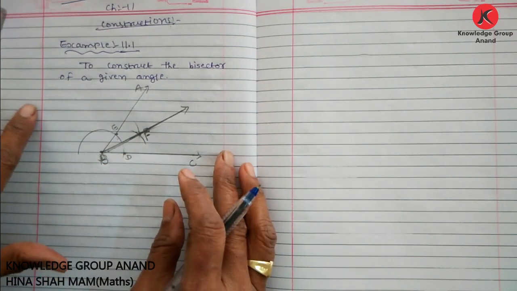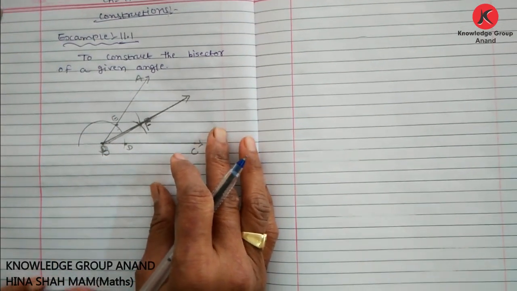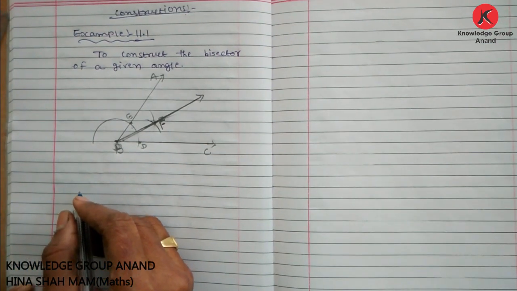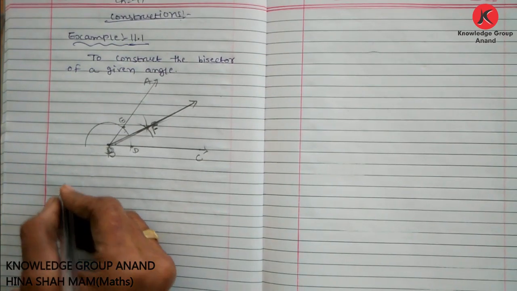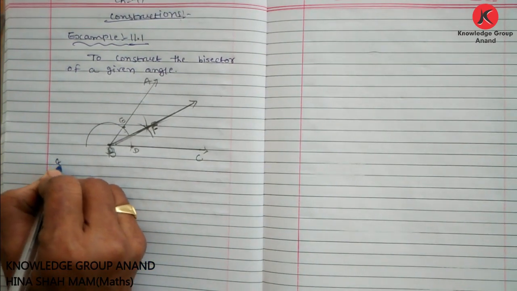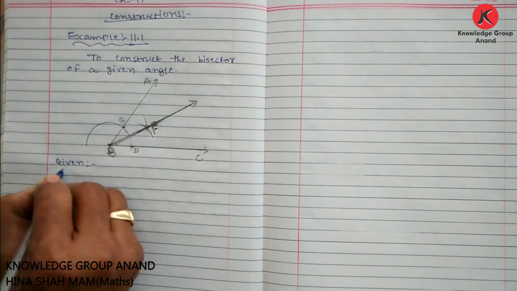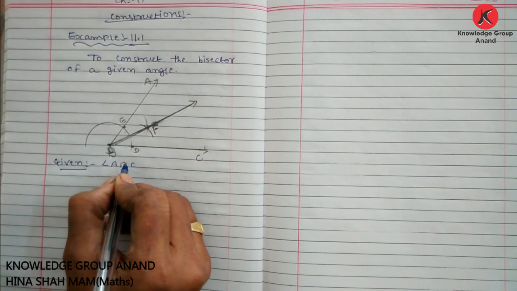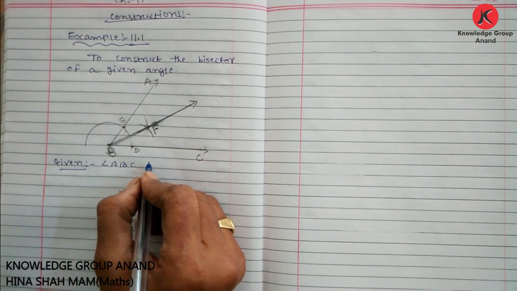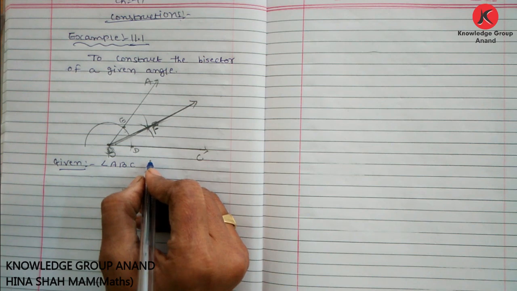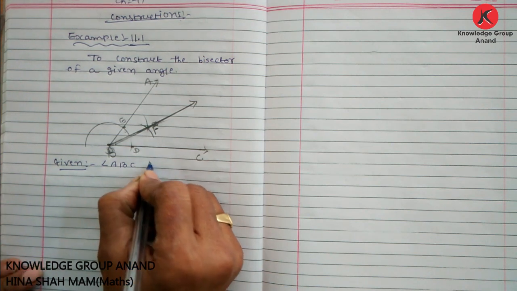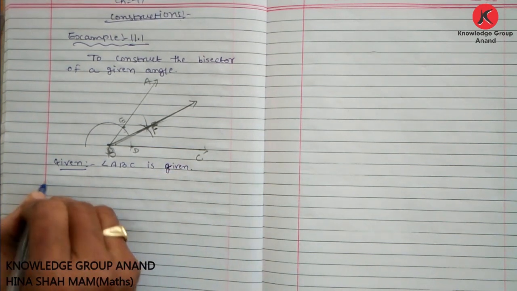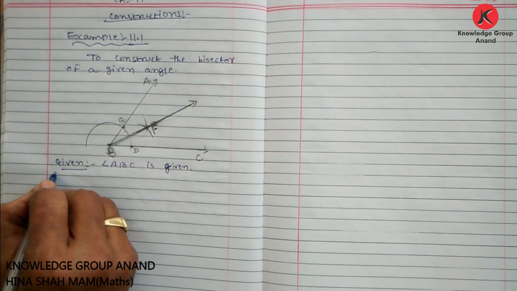We write here: given part, angle ABC is given; to construct.